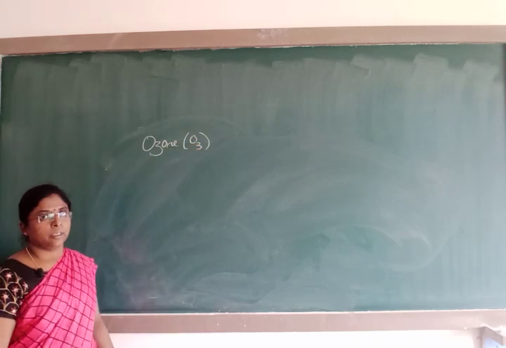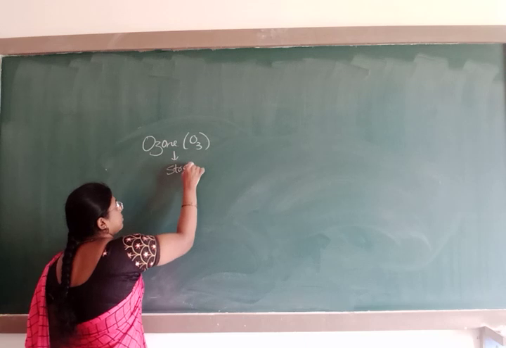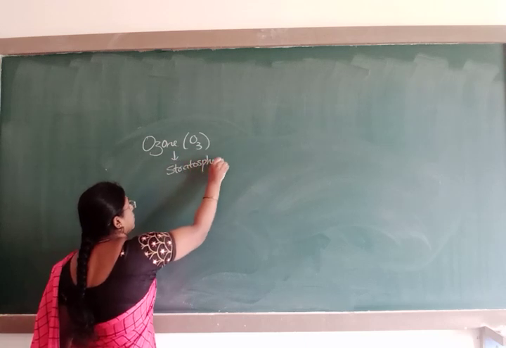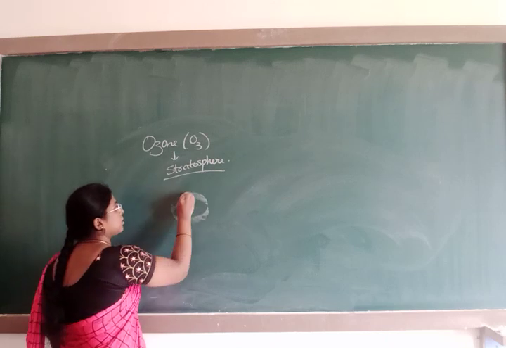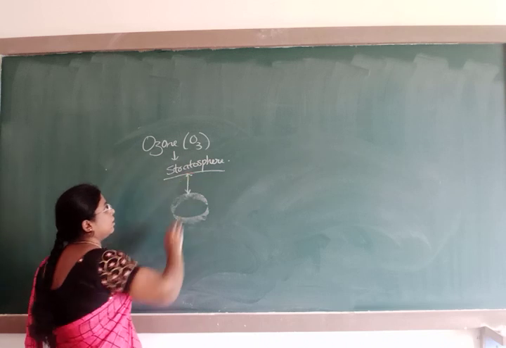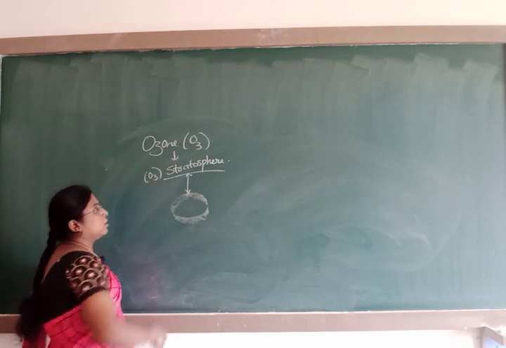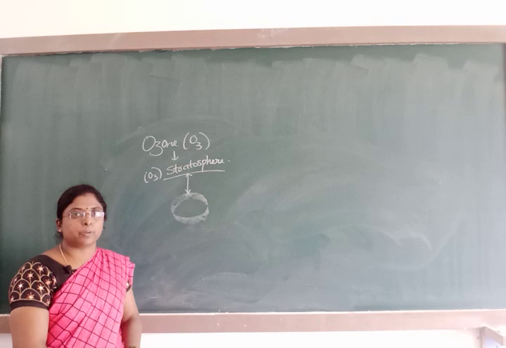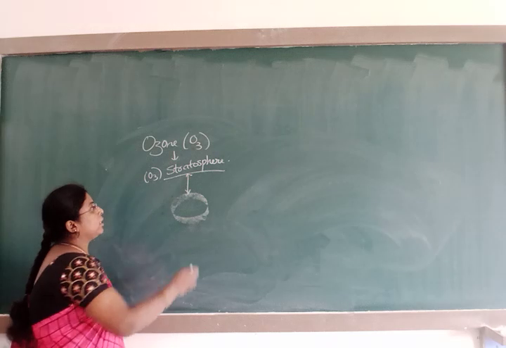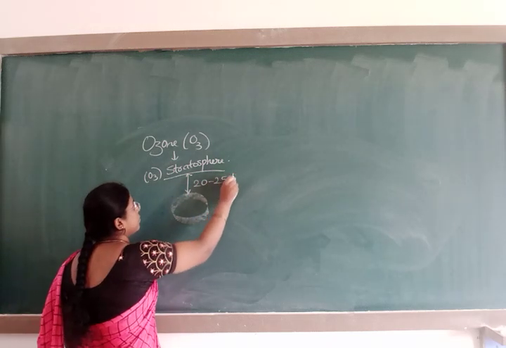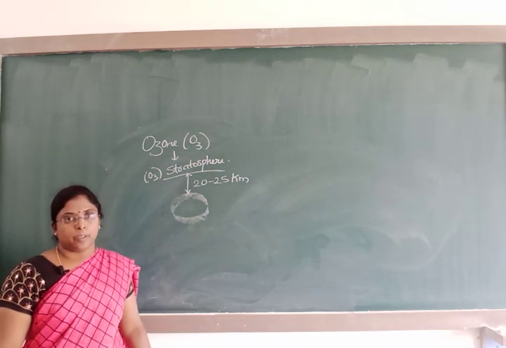Ozone is found in the stratosphere, about 20 to 25 kilometers from the earth's surface, generally in the form of the ozone layer.